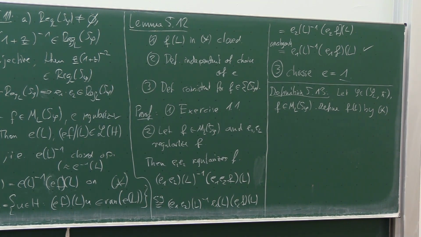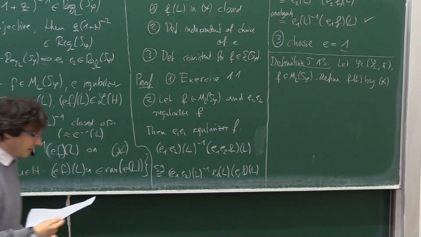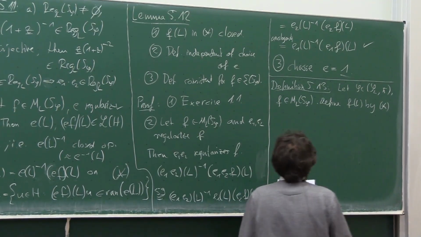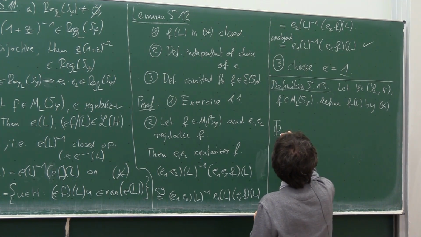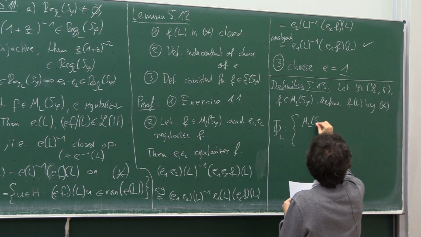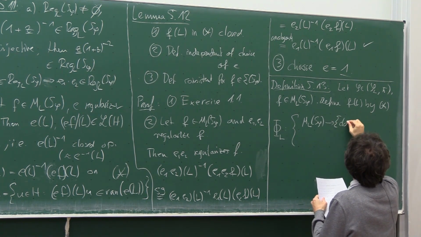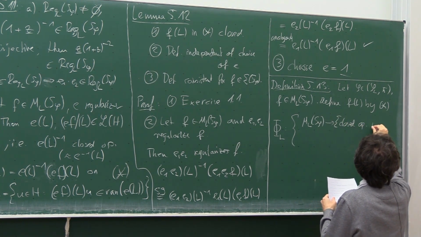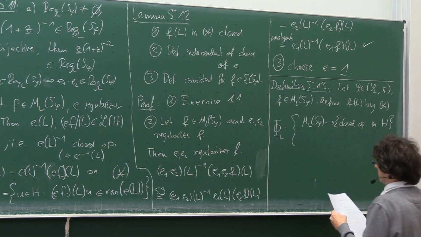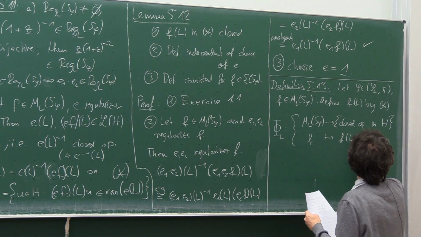Okay, and then we've seen this is a well-defined definition, so we know now what f of L is. And this again gives you a functional calculus, a map going from the regularizable functions for L into the closed operators in H, and it maps f to f of L.